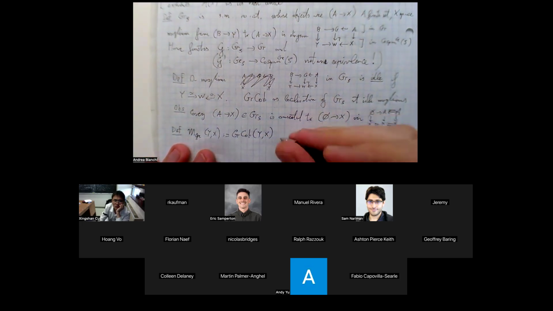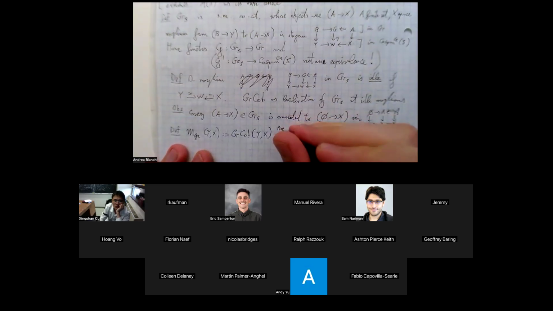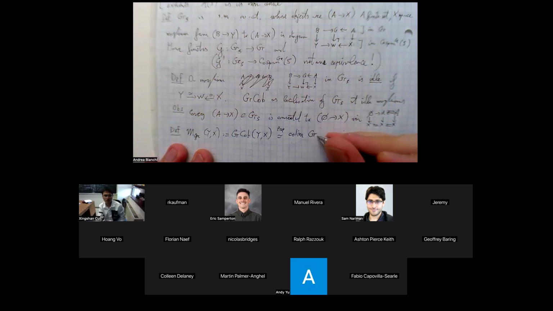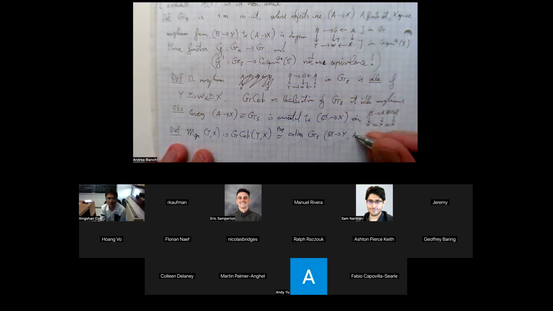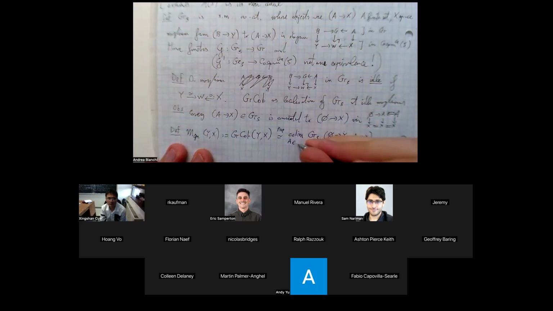And actually, a proposition tells you that this thing can be computed quite explicitly in terms of morphism spaces in GRS. This is the colimit of the morphism spaces from empty to Y to A to X, and the colimit is taken over A in finite sets with a map to X.